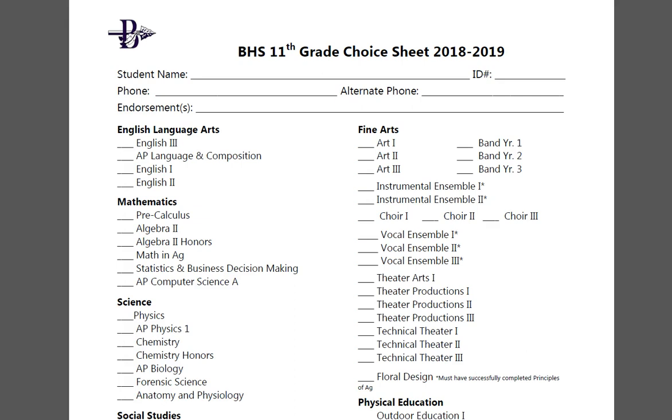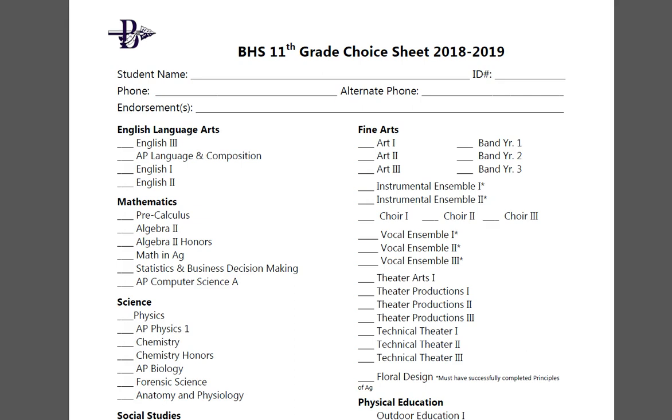Chemistry or Chemistry Honors, again, Chemistry Honors is going to be on that weighted scale, but there's not a test with that. You can also opt to take AP Biology if you have completed 2 years of science that include biology and chemistry.